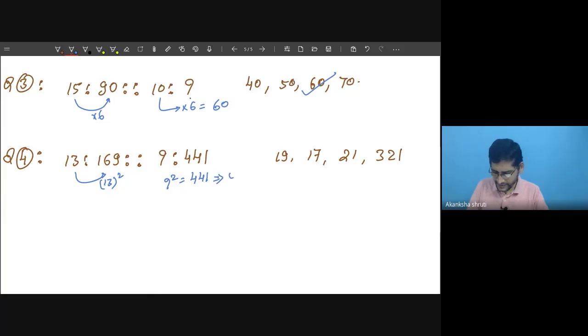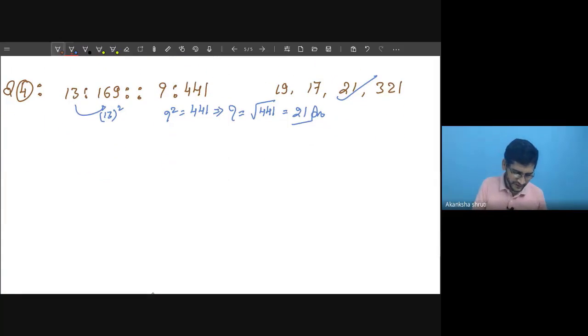It simply means the square root of 441. Here we know it is 21 square. So this is the answer. So questions are very simple. Let us take the question number 5.